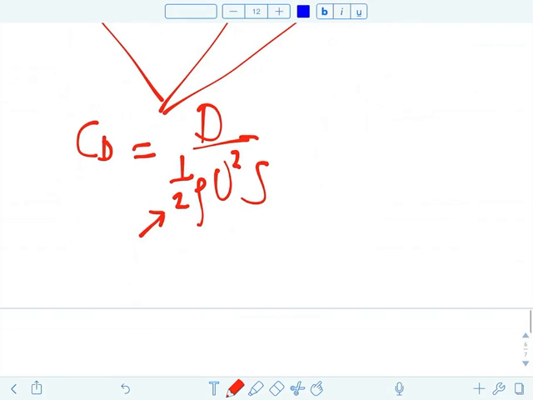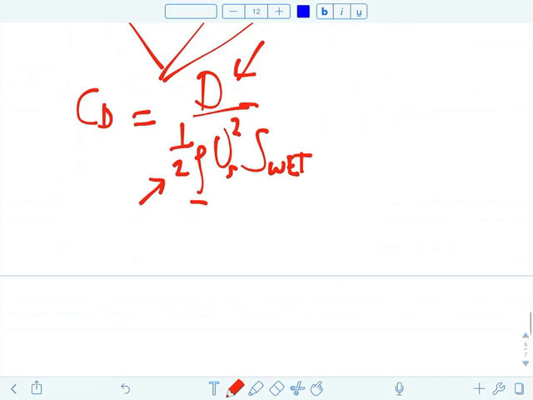For the ship, we will normalize the resistance, or a resistance component, by 1/2 rho U squared S, where rho is the density of the water, U is the velocity of the ship, and S is the wetted area of the ship. It's the surface area that is wet when the ship makes contact with the water, S wet, and that has units of meter squared.